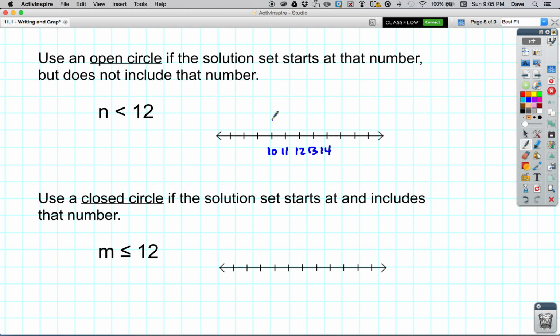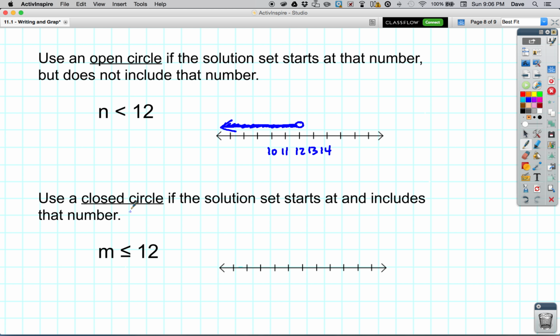In other words, my graph needs to include 11.99998, but not include 12. So I need to show that I'm counting all these numbers over here, but not 12 itself. I need to stop at 12, but not count 12. So I'll put an open dot saying that 12 is not included. So the very first number would be 11.99998, something like that. And of course, we don't shade it in, it actually becomes an arrow like this.